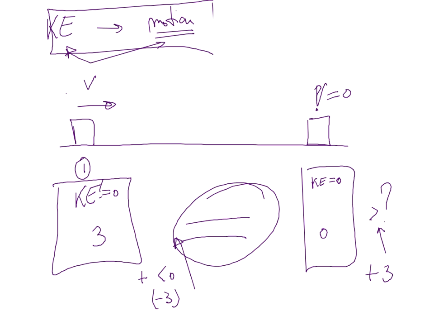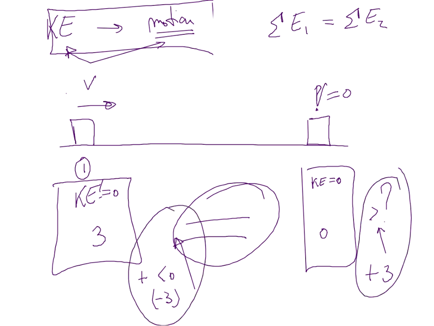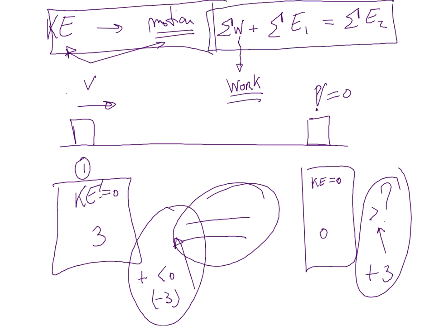So for us to be able to still use that equation, that sum of all the E at one state is equal to sum of all the E's at another state, we have to take care of that extra term in case we have friction. By convention, we're going to add it towards the left, so that it's consistent with the definition of work. This will take care of any energy that may escape through non-conservative forces. Now this is true for every system, and that's the one we're going to use.